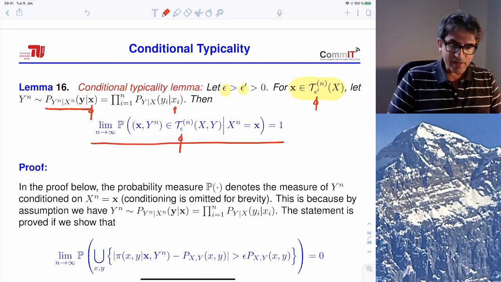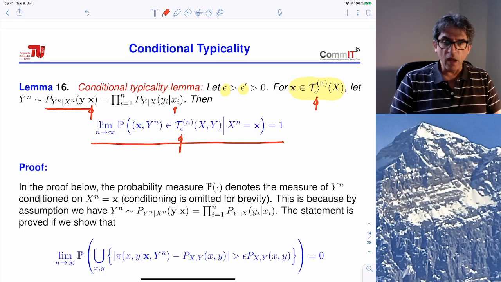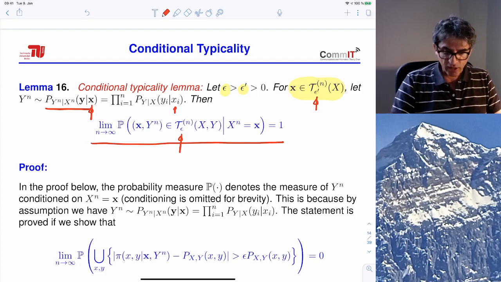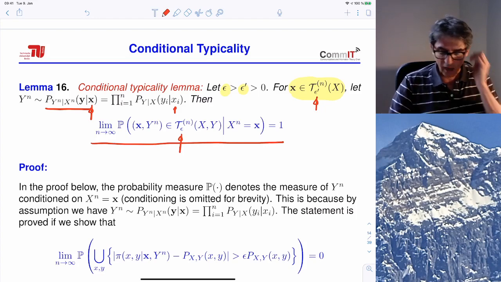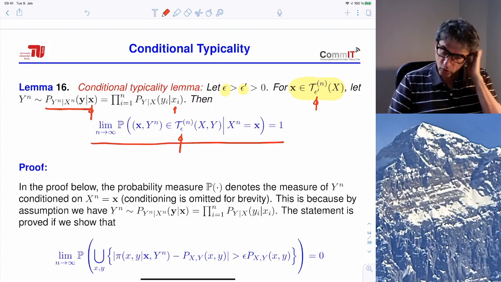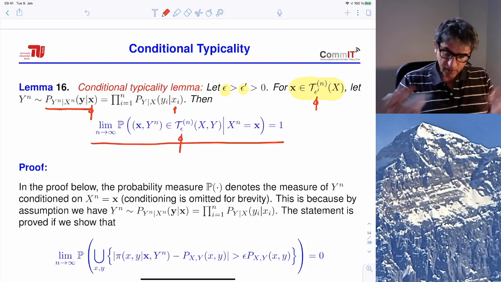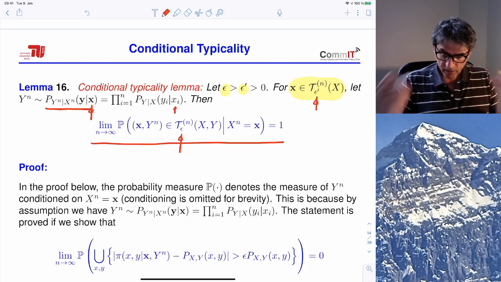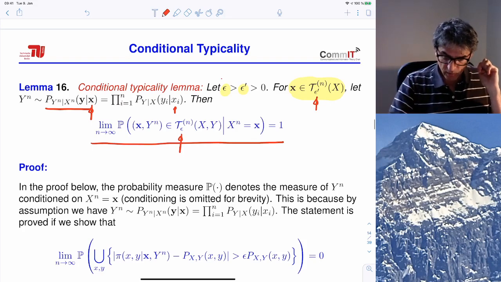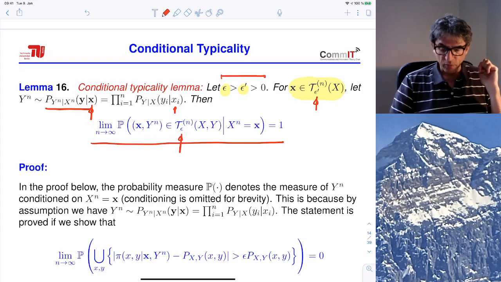At the end, it doesn't really matter, because epsilon and epsilon prime are arbitrary positive quantities, and for sufficiently large n, this probability will become arbitrarily close to 1, independently of how we pick epsilon and epsilon prime. As long as, in order to make the proof easy, we use this restriction.